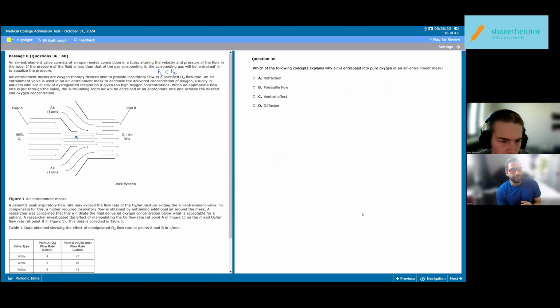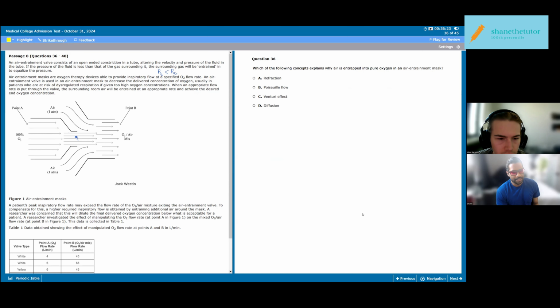Because this is where entrainment happens, and entrainment happens when what happens? Pressure of the O2 in this case would be less than the pressure of the air, right?